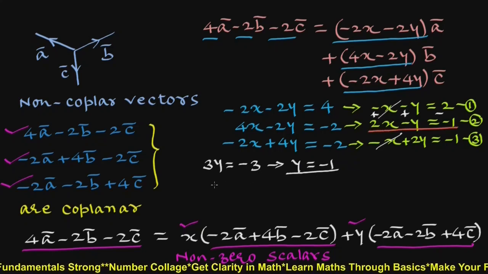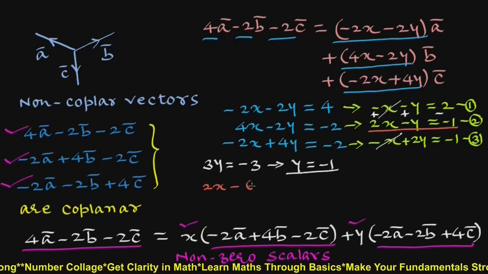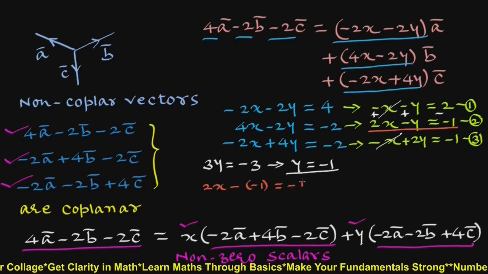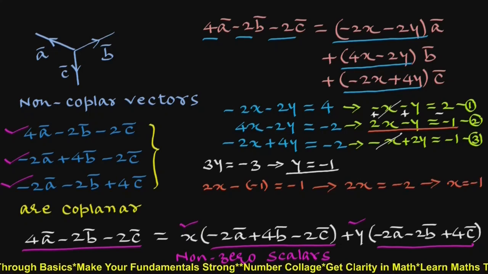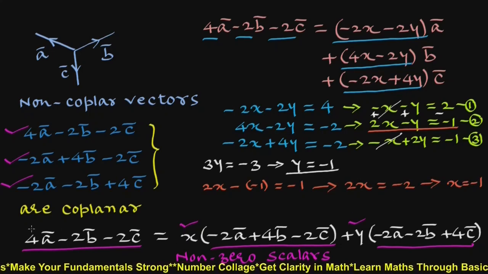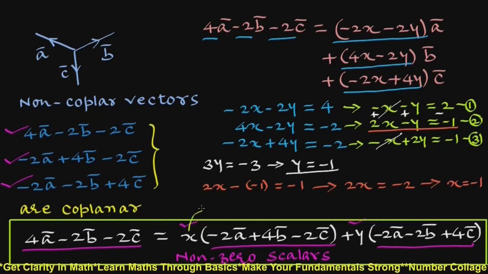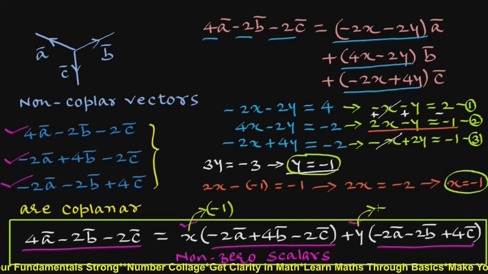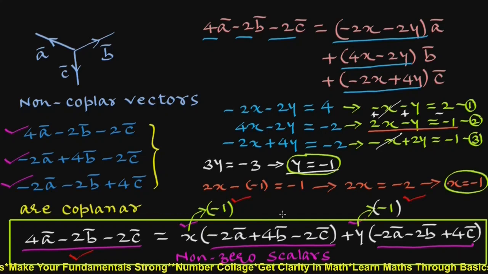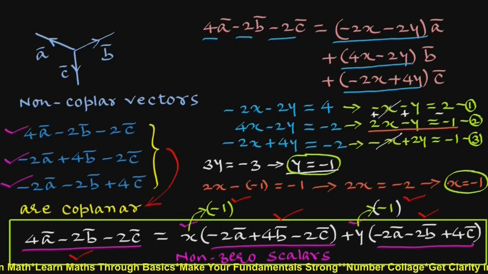So that gives 2x minus of minus 1 equals minus 1, 2x will be minus 2, x will be minus 1. So we can write this equation with x to be minus 1 and y to be minus 1. Now since this first vector is a linear combination of the other two vectors, we can say that these three vectors are coplanar.